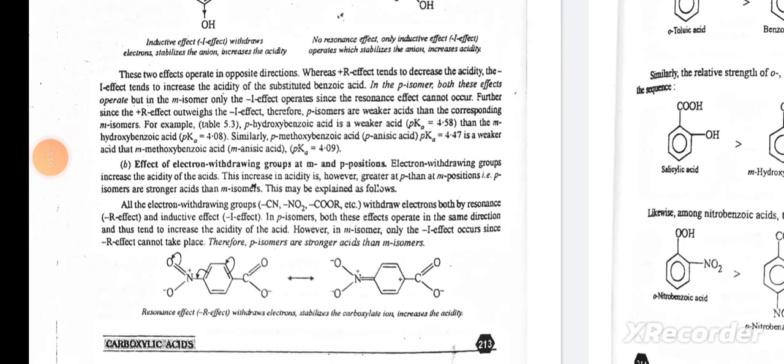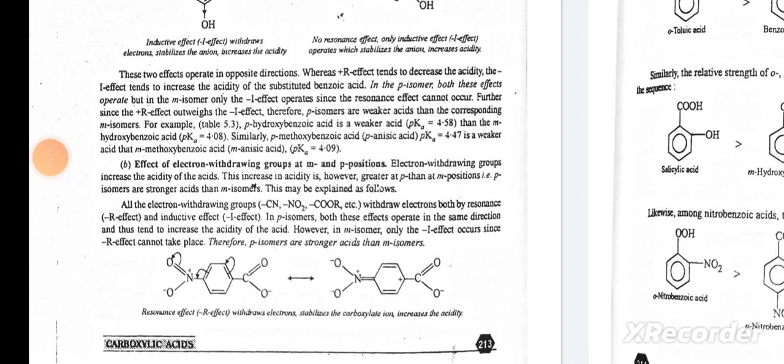These two effects operate in opposite directions, whereas plus R effect tends to decrease the acidity, the minus I effect tends to increase the acidity of the substituted benzoic acid. In the para isomer, both these effects operate, but in the meta isomer, only the minus I effect operates, since the resonance effect cannot occur.